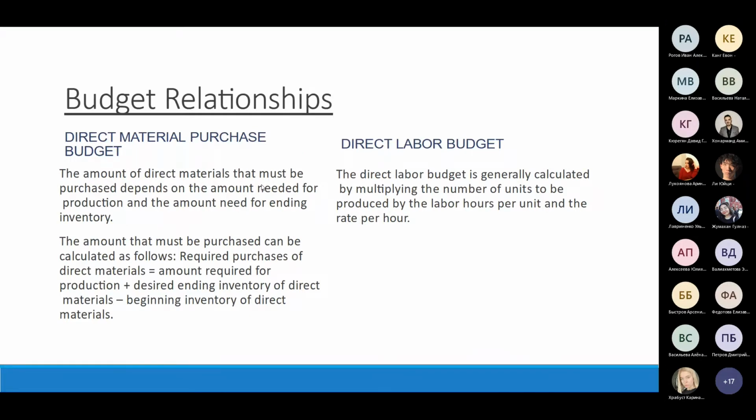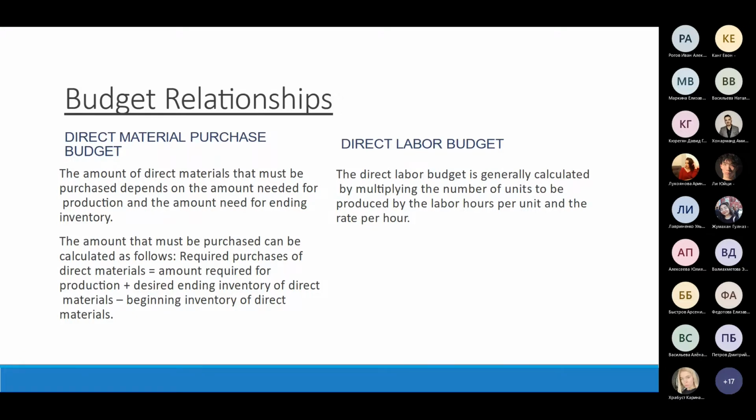When your budgets are ready, I mean the sales budget, cash collection budget, and production budget, you may go further and develop the direct material purchase budget and direct labor budget. The direct material purchase budget requires the amount of direct materials that must be purchased, which depends on the amount needed for production.